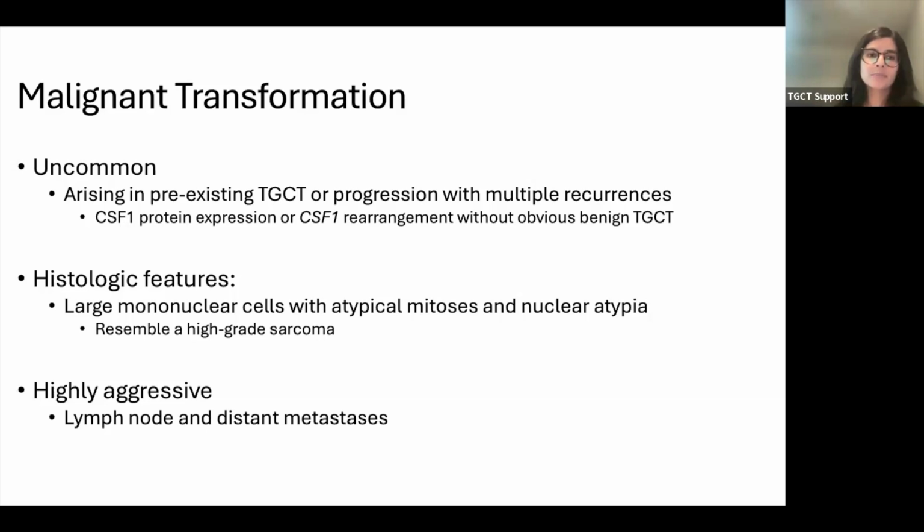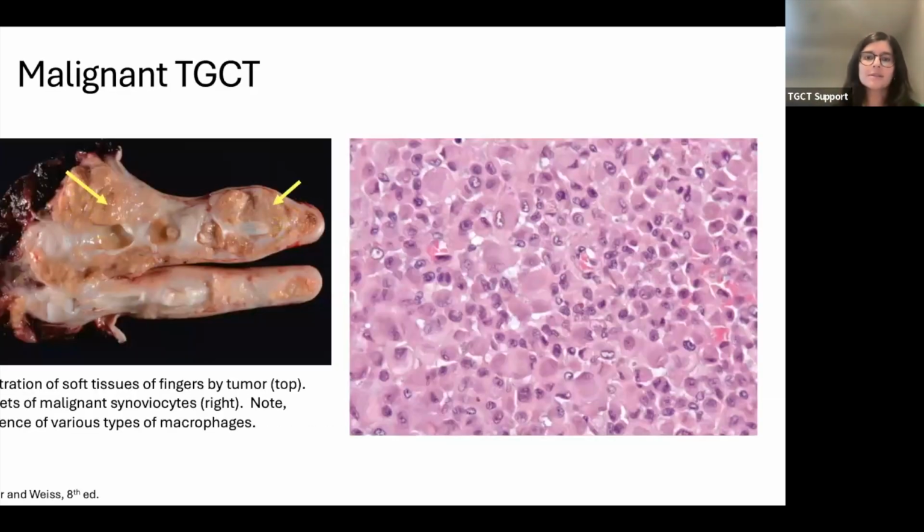All right, so this is a case of a malignant TGCT of the fingers. And again, the tendinous portion of the fingers on both digits, you can see, has been eaten away by this very infiltrative and destructive tumor. And obviously the patient underwent an amputation for this.